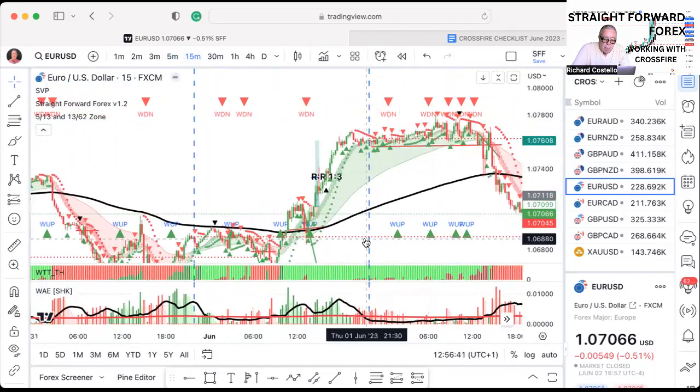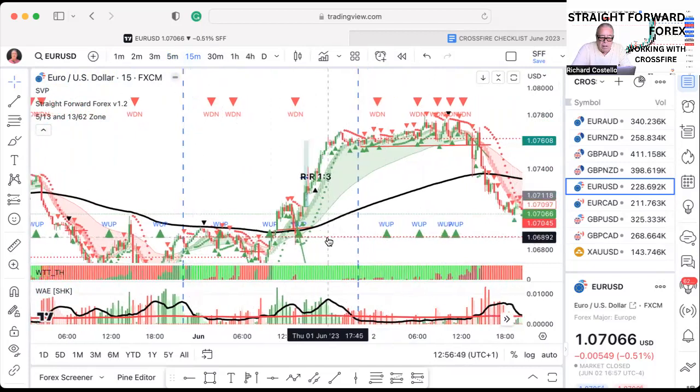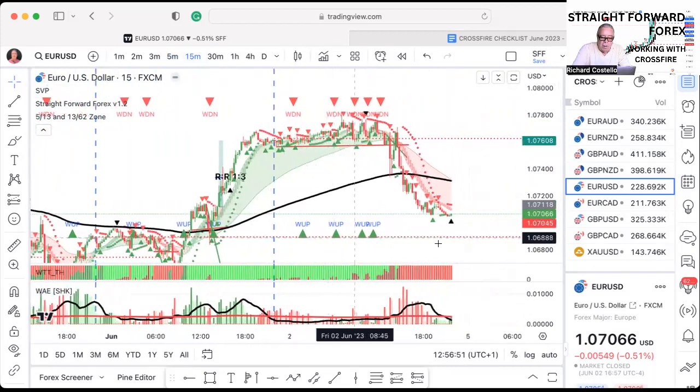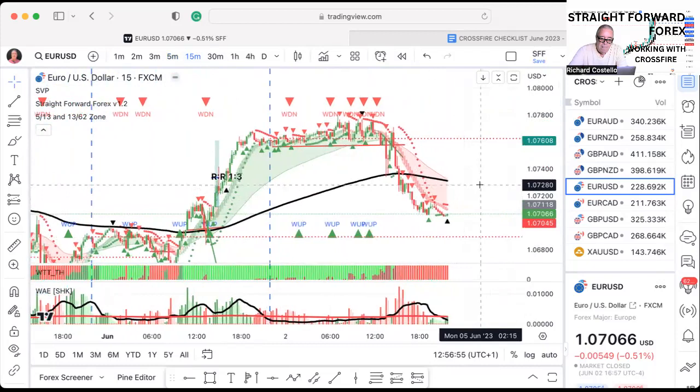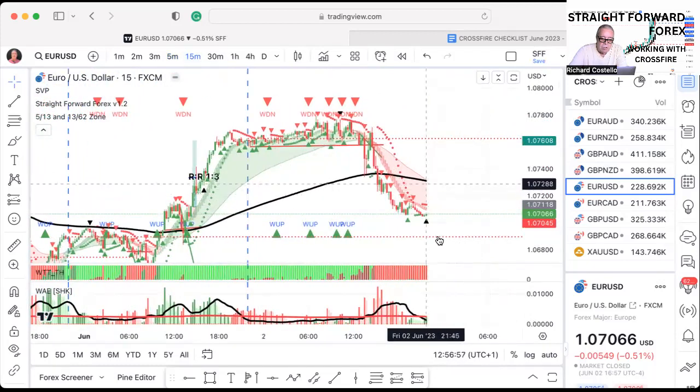This red dashed line here started at the beginning of Wednesday's trading, and it was outstanding at the beginning of Thursday's trading. So that was a potential target. Price will generally return to the previous outstanding point of control.